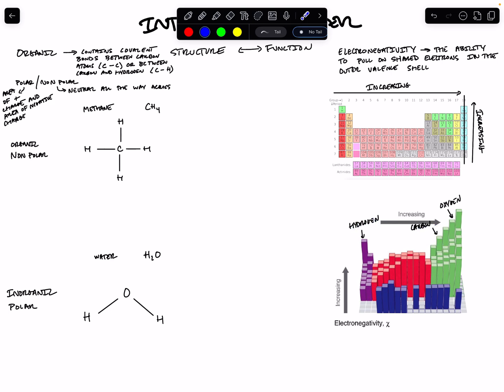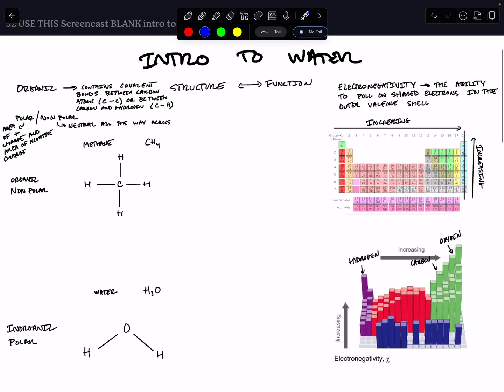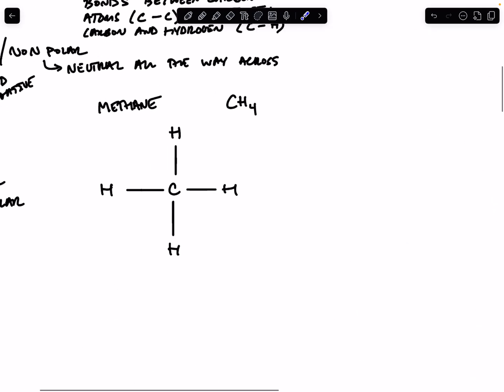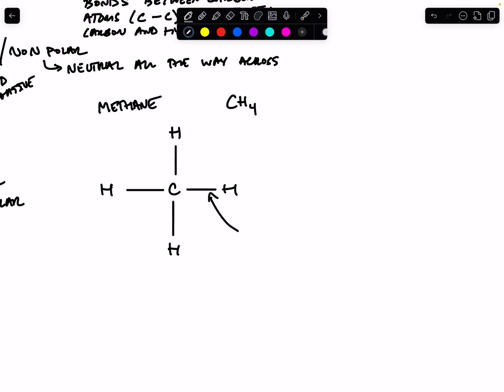Okay, so because carbon and hydrogen have really similar electronegativities, it means that these electrons in this, I guess I should say what this is first. These lines, I think we talked about this last screencast, are a covalent bond.